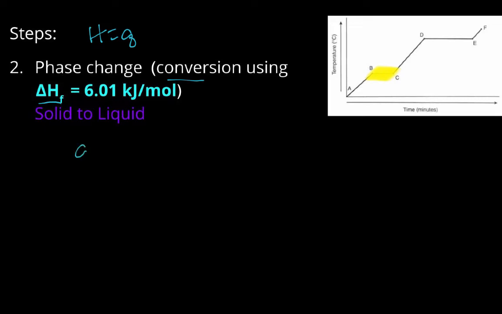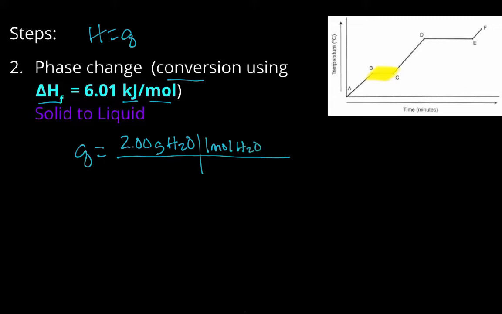So I'm going to say Q equals, and I'm going to start this as a conversion. So I need to know how many grams of water. So I had 2 grams of H2O. Because this is kilojoules per mole, I have to change this to moles in order to be able to use that calculation. So I'm going to use the molar mass to get rid of grams.